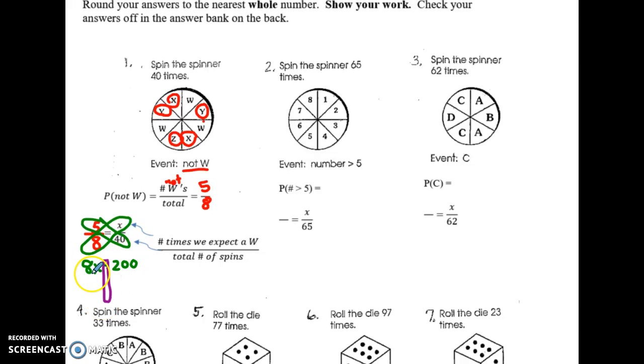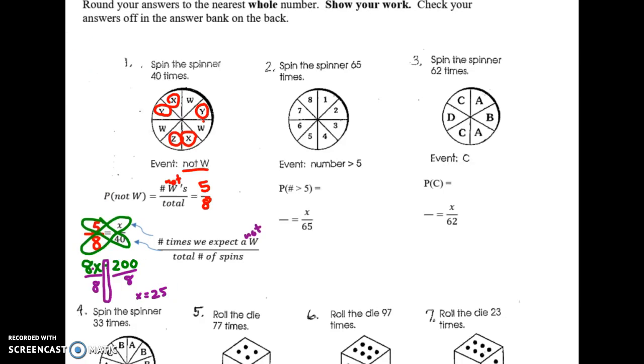So if we want to find out x, the number of times we expect a not W, then we have to realize that this 8 and this x are attached by multiplying. We have to divide by 8. So I believe this problem works out to be a whole number, and it is 25.